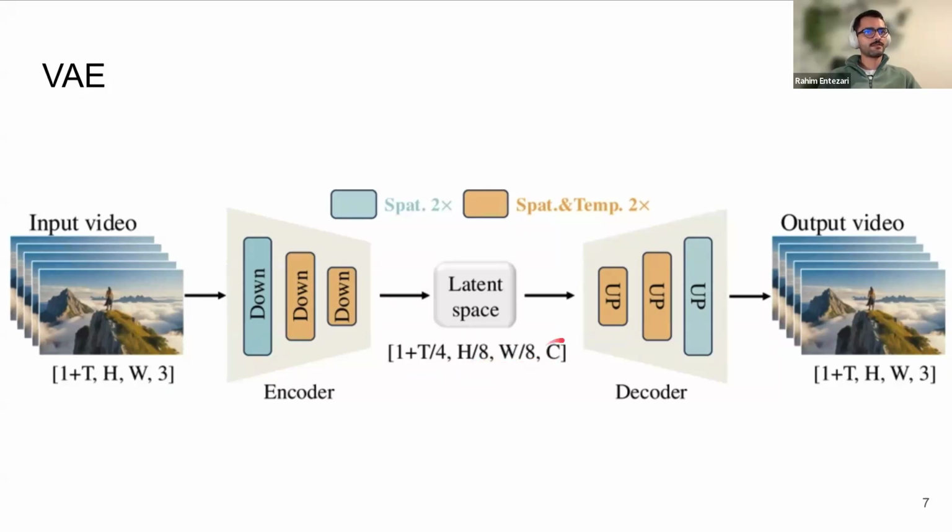And then there is some channel. We had 3 here; in 2.1, if I'm not mistaken, it is 16. So the compression is 256 divided by 16 multiplied by 3, which is about 100 or less than 100. So now this latent space is much smaller than the pixel space.